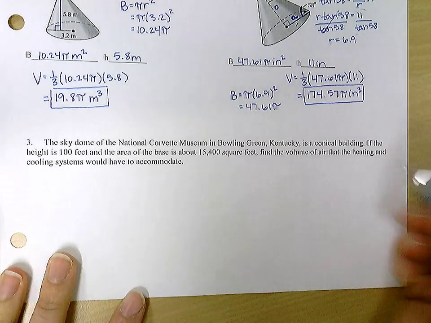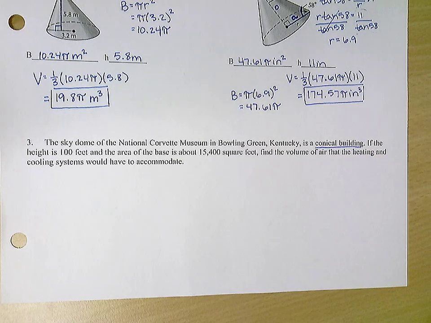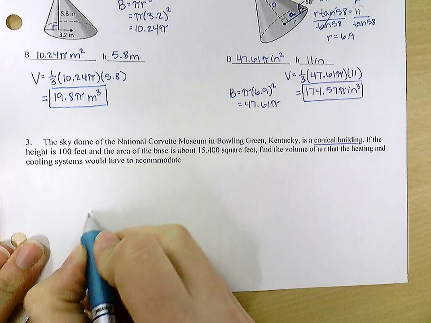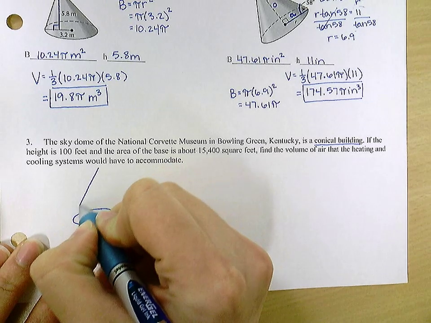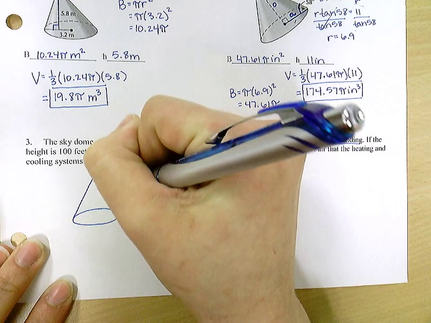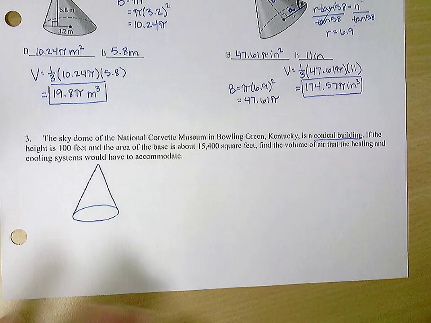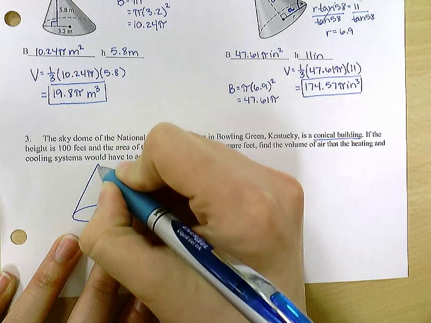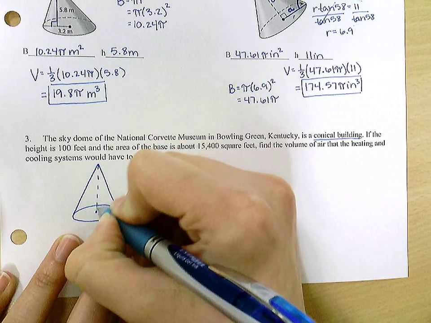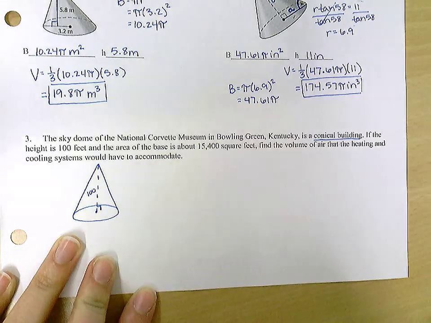So this is a conical building, meaning it's in the shape of a cone. So I would draw out this cone. We're given that the height is 100 feet, so from that vertex, perpendicular to the base, is 100 feet.